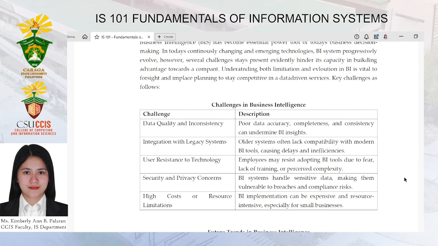BI systems handle sensitive data, making them vulnerable to breaches and compliance risk. Lastly, we have high costs or resource limitation. BI implementation can be expensive and resource intensive, especially for small business. That's why not everyone adapts, because the cost is too much, especially for small businesses.